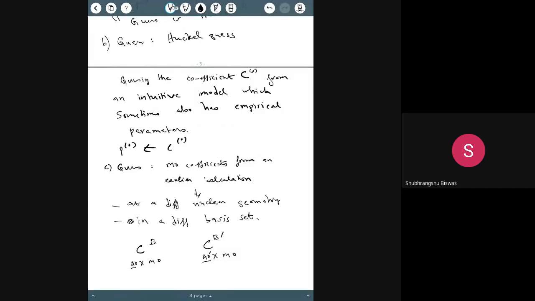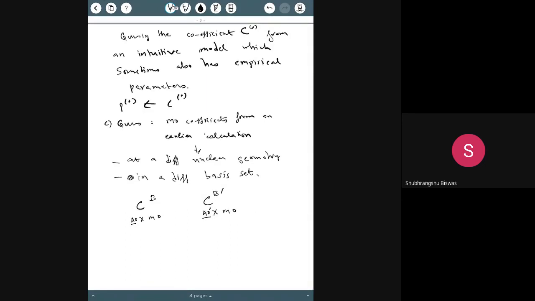But this is also done. What is done is similar atomic orbitals, you take the coefficients and whatever is missing in one basis set and is present in the other, you just put a 0 for that coefficient. So this can also be done and is implemented in some packages, not in all, but it can be done.